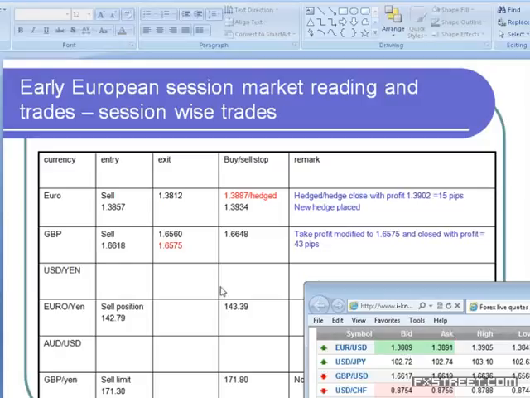to make the slide. In the case of GBP, I took a sell at 1.6618 and then I kept a limit order at 1.6560, and they quickly made a drop to 1.6569 and then later a drop of 1 pip.